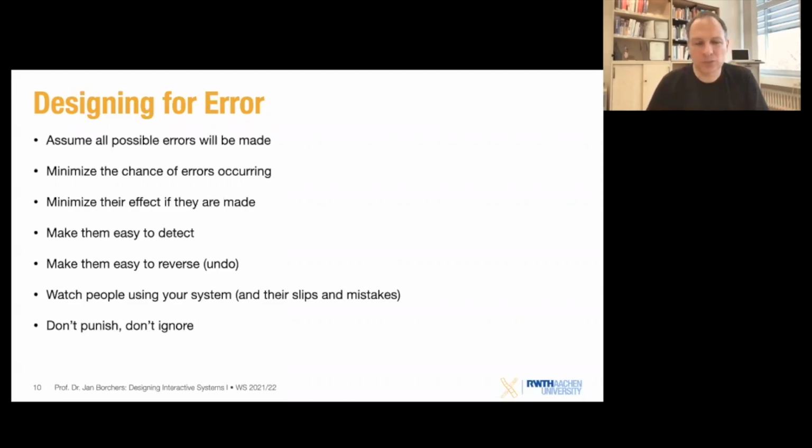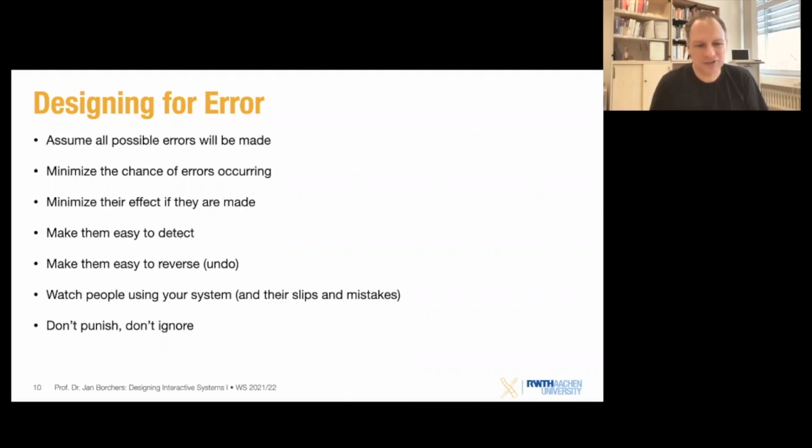Of course, you don't want to punish people or ignore them when they make mistakes, because we can be very sure that once a user has made a mistake, they are already in a bad emotional state, because that's taking them away from their productivity. People talk about research to make computers detect human emotion.